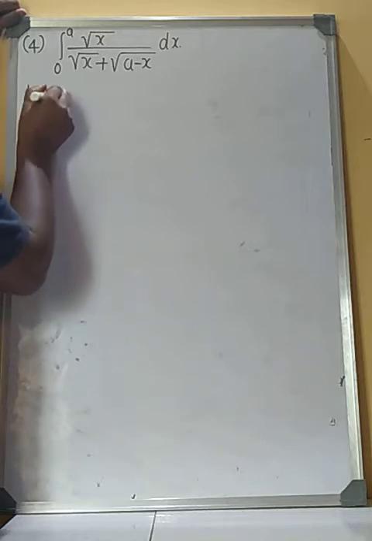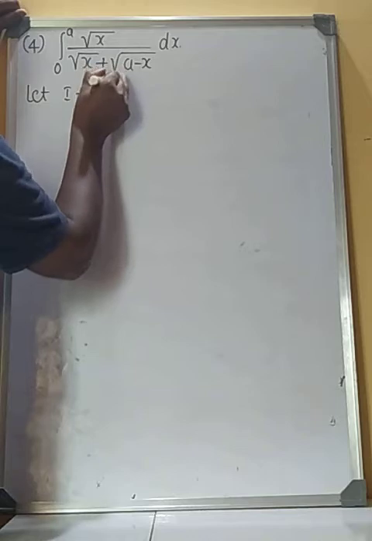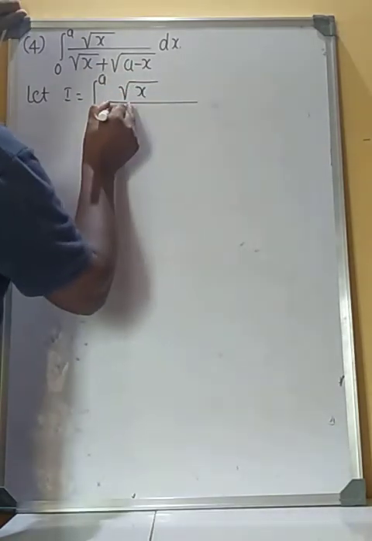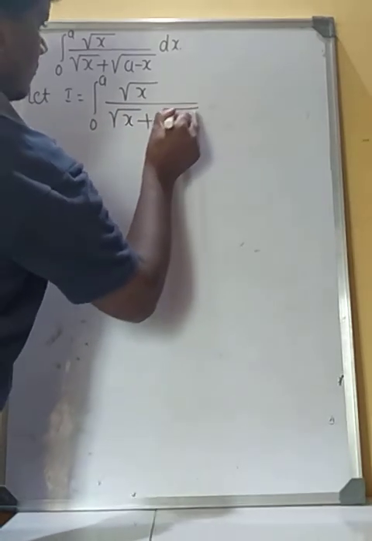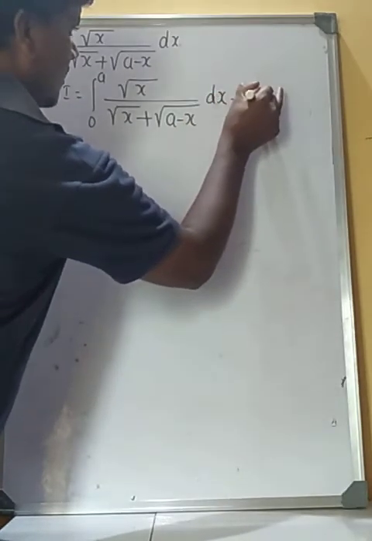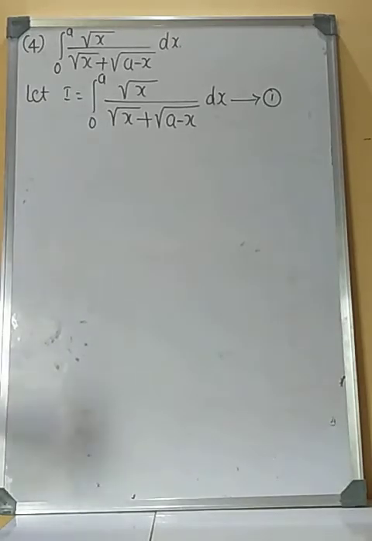So let I equal integral 0 to a square root of x divided by root of x plus root of a minus x into dx, called equation number 1.